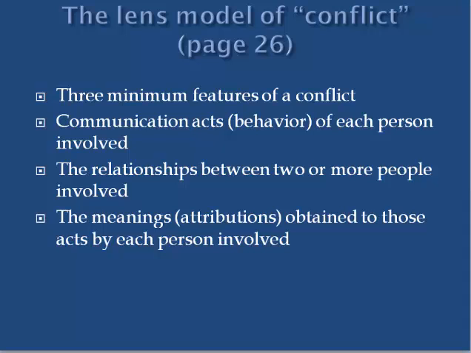And then also there is the attribution, that meaning. What meaning do the individuals involved in the conflict put on that behavior act? If you put all these together, you have individuals that are having a conflict because they perceive that behavior act a certain way. And that's what's causing the conflict.